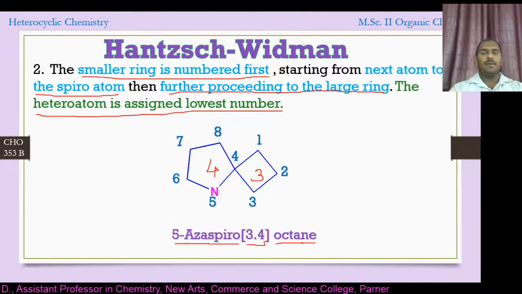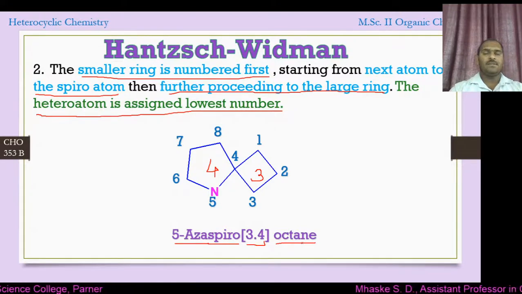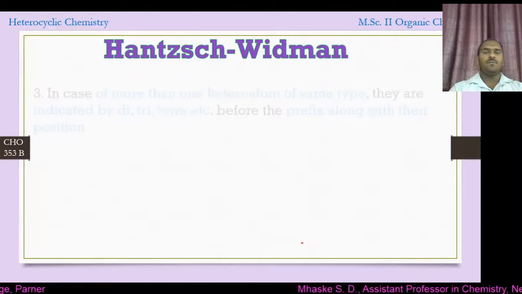We have to remember that in the case of different size rings, we have to start the numbering from the smaller ring, and number 1 is given to the atom next to the spiro atom. Okay, so let's move further.